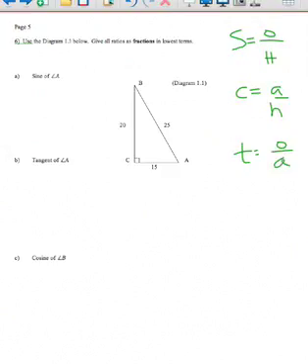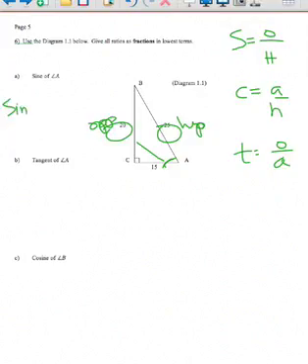So in this case, we're looking for the sine of A. We have to keep in consideration the angle here and the perspective. When we talk about the sine, the opposite is going to be 20, and the hypotenuse, which will stay the same, is 25. So the sine of angle A equals the opposite 20 over 25, which reduces to 4/5.